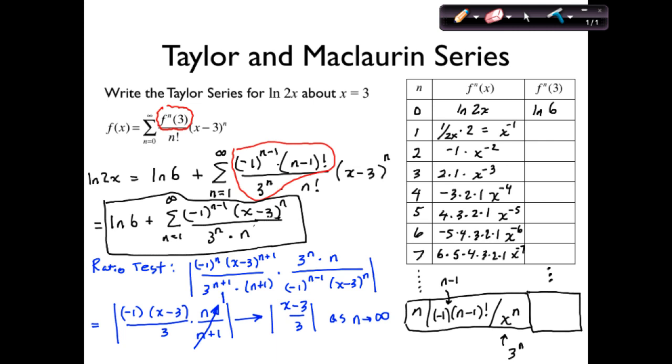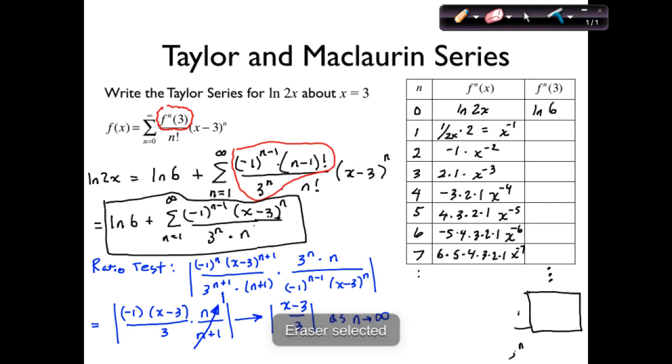I'm running out of space here. So, this over here. So then the absolute value of x minus 3 over 3 has to be what? Less than 1, right? Ratio test. Ratio test says, look at the multipliers, right? Look at the ratio of the next term to the current term.